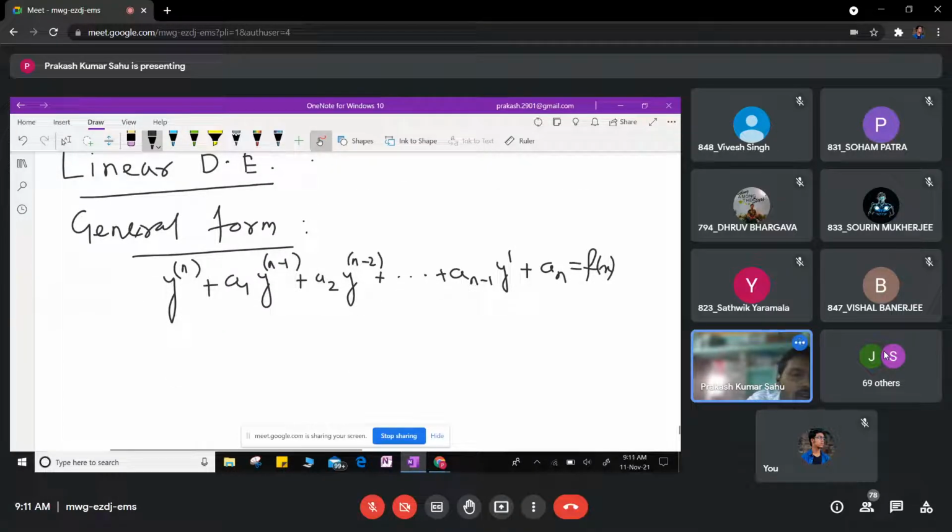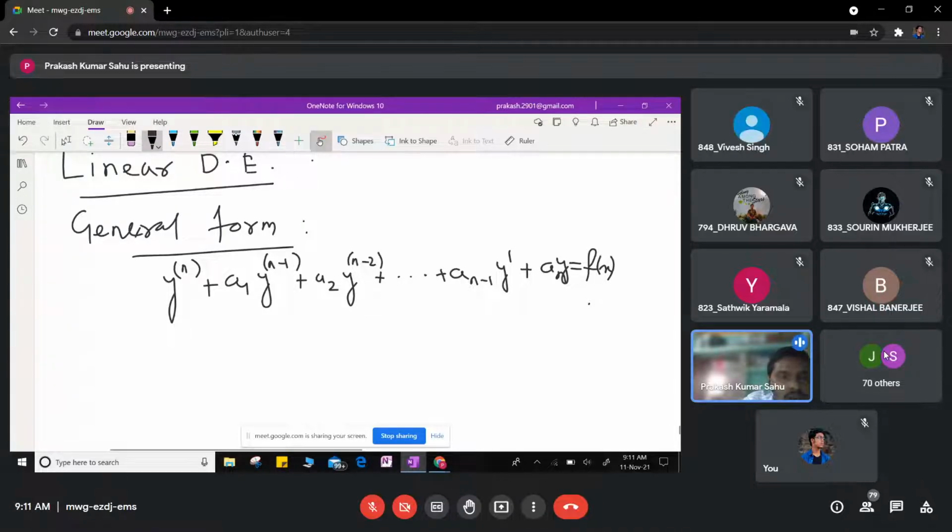Why is it linear? How many terms are there? There are n plus 1 terms, and n plus 2 including f of x. Y is the unknown function, we have to find that y. So y dash, y double dash, up to the nth derivative of y all occur one time.